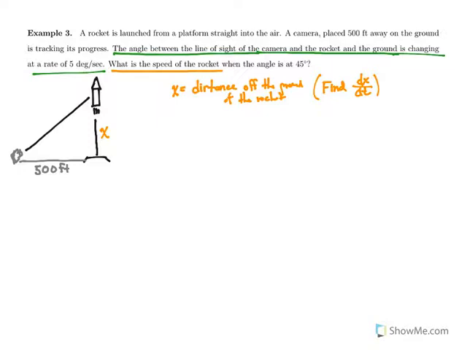So we'll call this angle between the line of sight and the ground theta, the angle at the moment. And we are given that d theta dt equals 5 degrees per second.